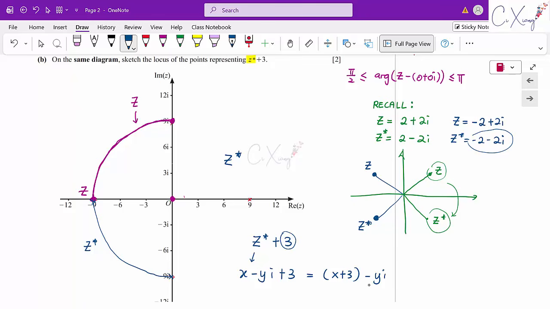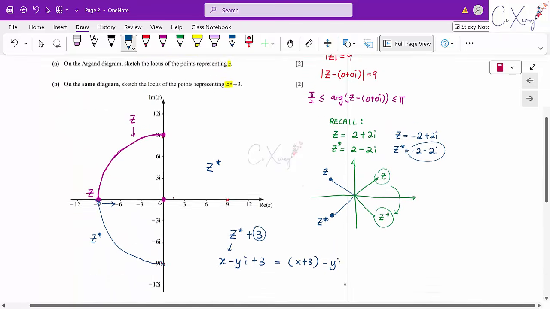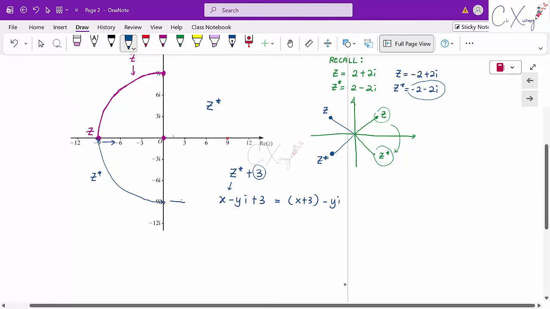You will see that y does not change at all, but you add 3 units to the real part. Adding 3 on the x-axis means you move the whole locus 3 units to the right. So you have to move this 3 units to the right-hand side.